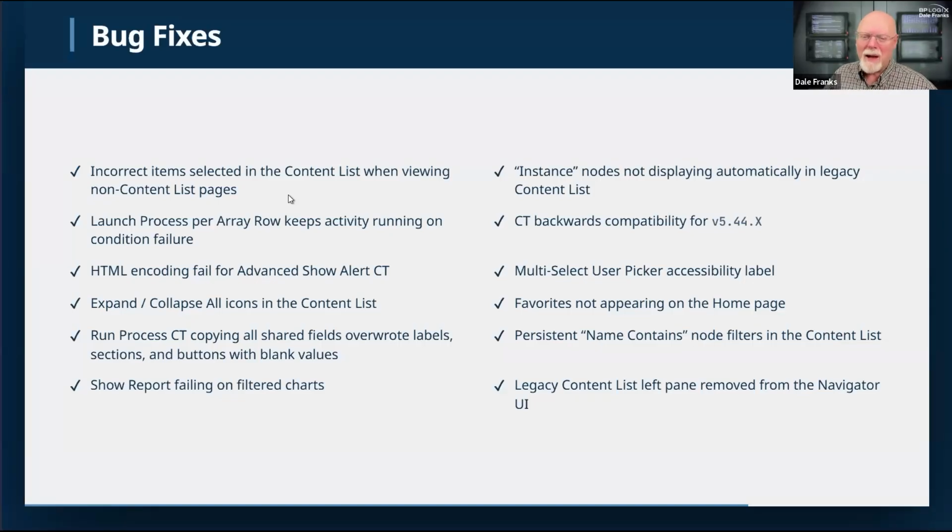Also, the expand all and collapse all icon was disappearing in some cases. So in any event, we have addressed those. There was another one where if I marked something as a favorite in the content list, it wouldn't show up in the home page as expected. So basically CSS and display issues that were making things a little wonky in the content list.